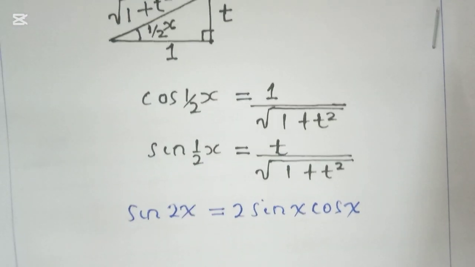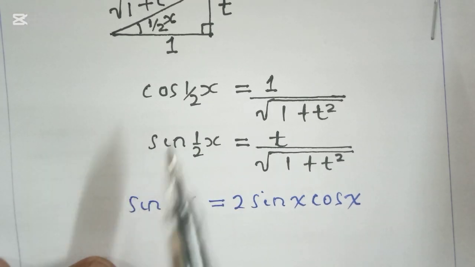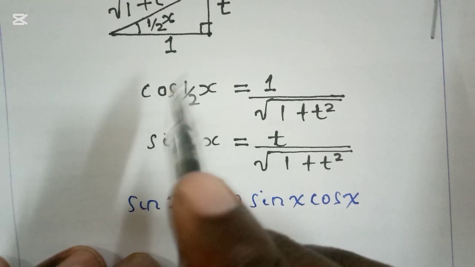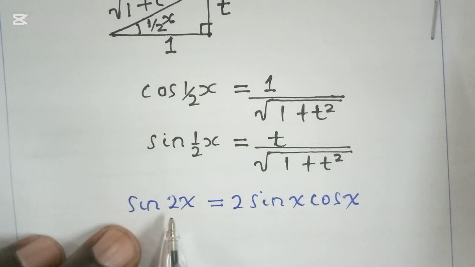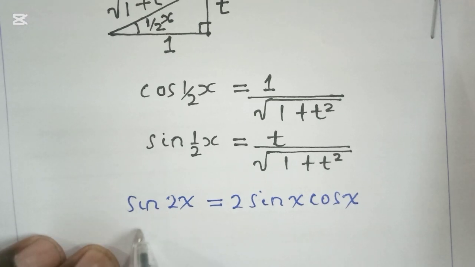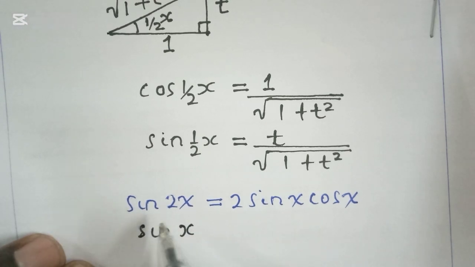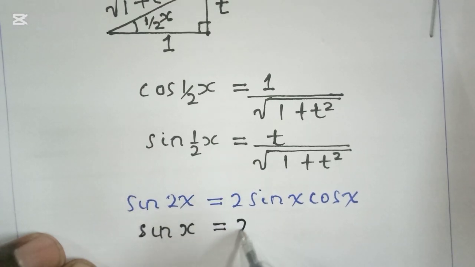So guys, with this formula, we can now modify it, because we require sin half x and cos half x. So we can modify this equation to read, instead of writing sin 2x, we can write sin x. For sin x here, this one you get as 2.